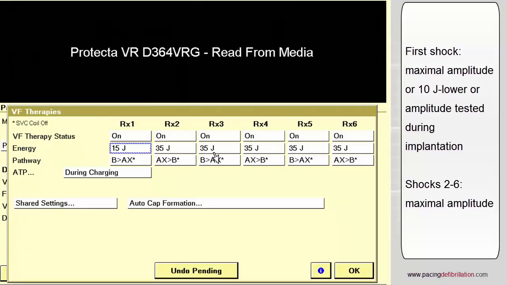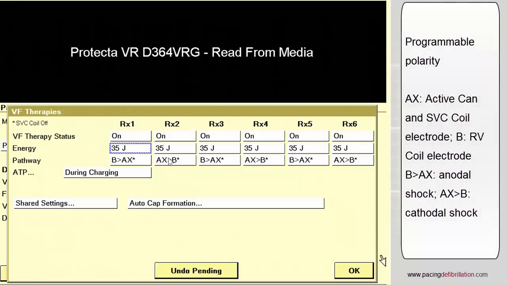It is important to know that in the last recommendation, the maximal energy is recommended for all the shocks. The following shocks, so shocks from 2 to 6, are usually programmed with a maximum energy value.